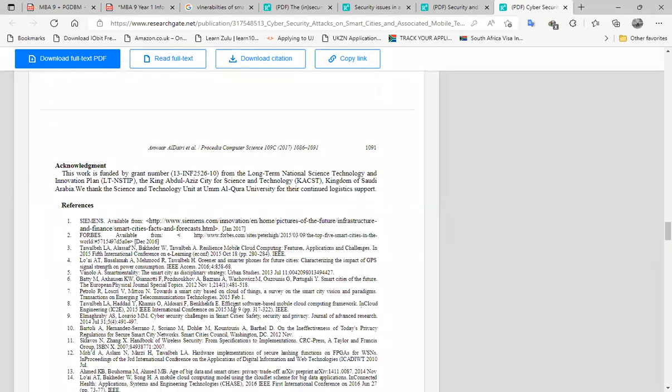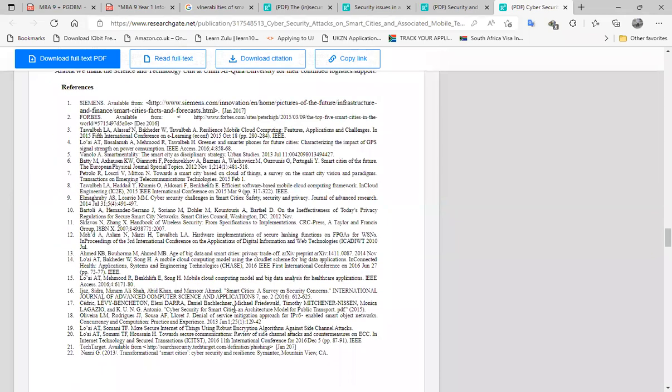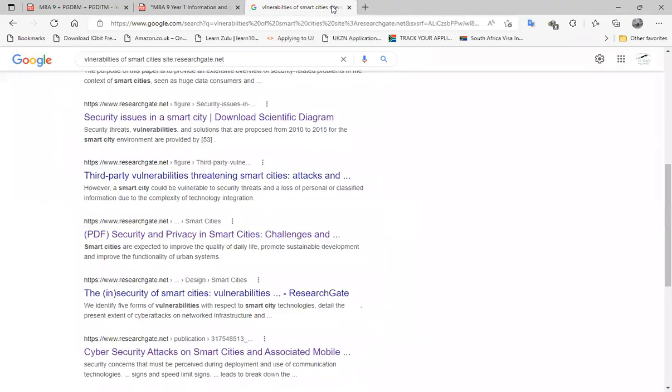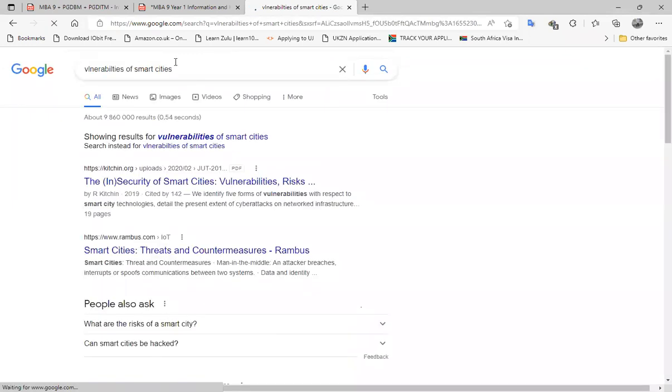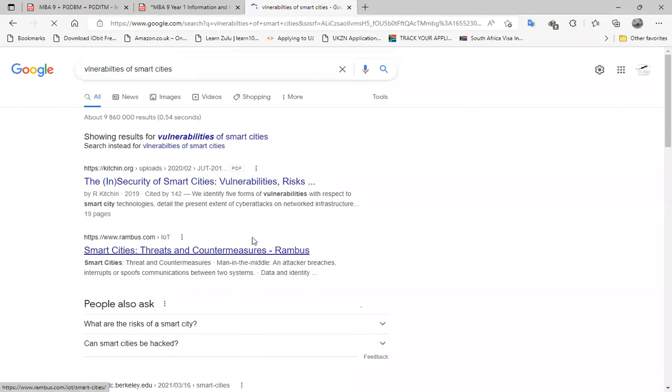So it's information that you can find. I just wanted to show you that you can find it. If you can't find it from the journals, you just go directly. But I don't usually tell people to do that.